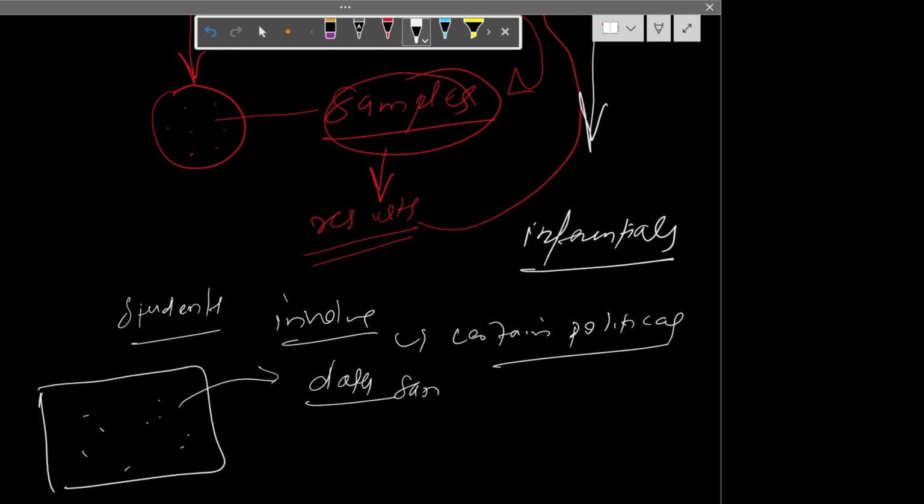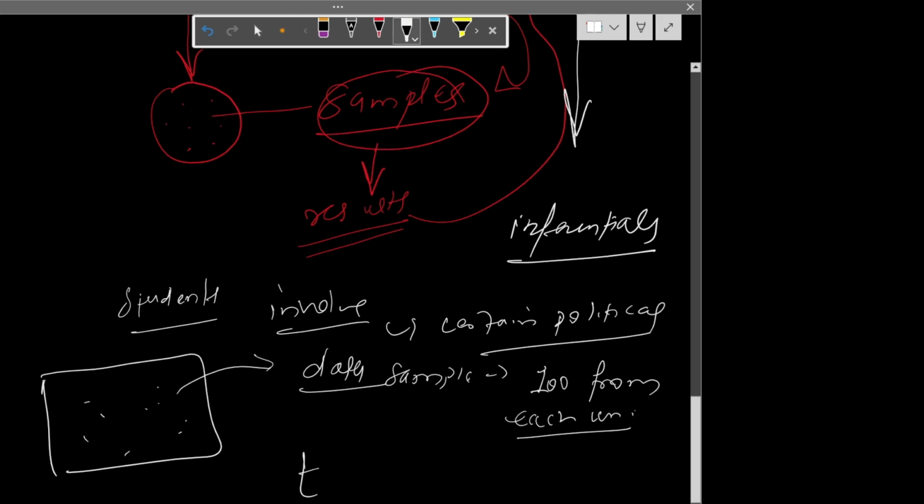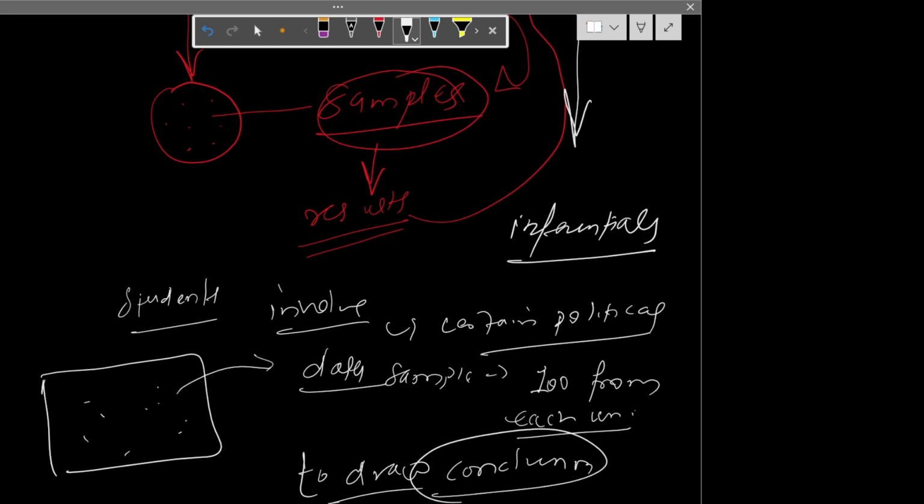We call it the sample data, taken from 100 students from each university. After that we draw conclusions about that political party, and this is regarded as inferential statistics.